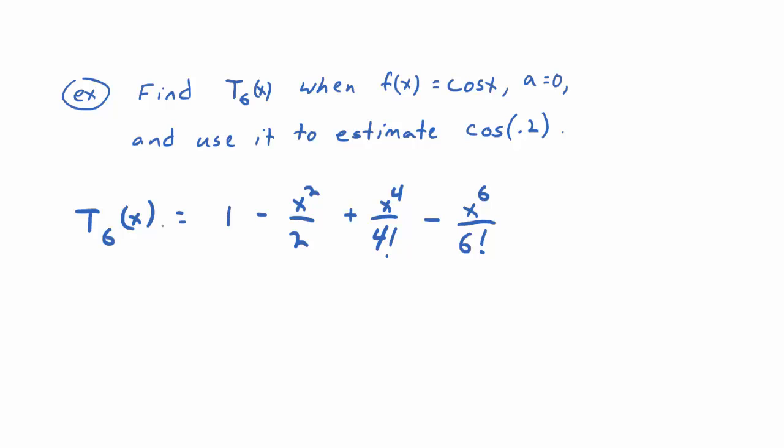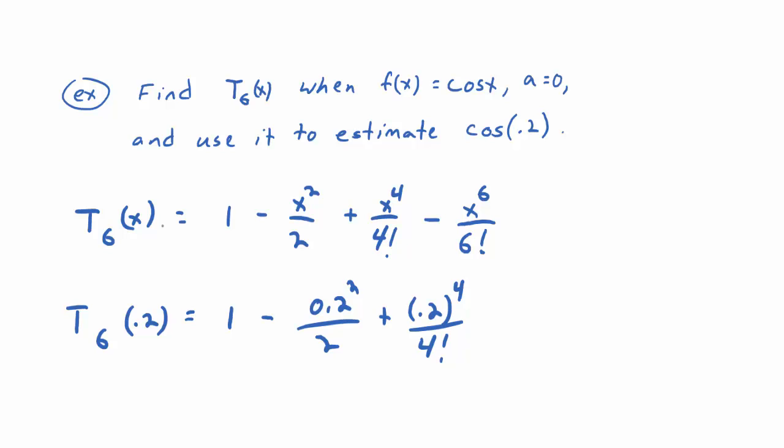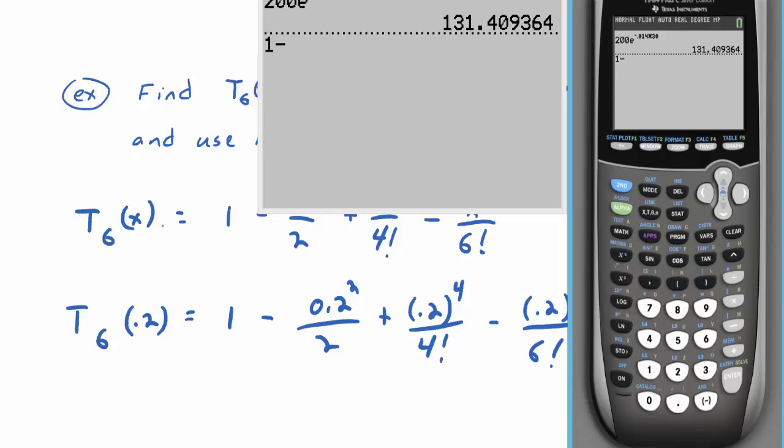So then what could we do? Just plug in 0.2, and we'd have 1 minus 0.2 squared over 2 plus 0.2 to the 4th power over 4 factorial minus 0.2 to the 6th power over 6 factorial. Anybody have a calculator handy? Okay, 1 minus 0.2 squared divided by 2 plus 0.2 to the 4th divided by 24, which is 4 factorial, right?